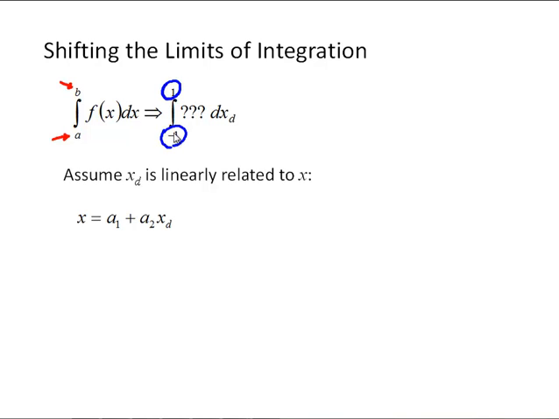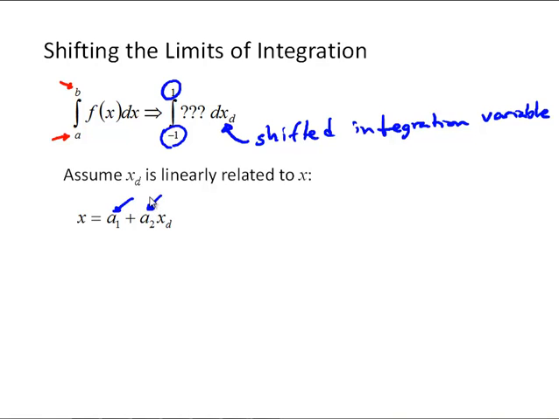So in order to implement this integration approach, we're going to need to introduce a shifted integration variable, and we'll just call that variable xd, and we're going to just assume that xd is linearly related to x. And in doing so, we would have x is equal to a1 plus a2 xd, and we just need to find a1 and a2 in order to carry out this shift.